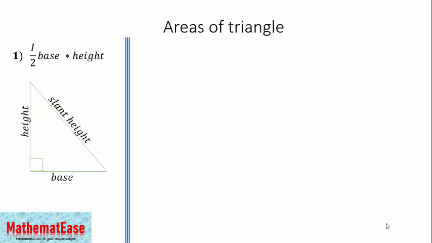Another thing I want to tell you about the area of a triangle. Anytime you have a triangle that is not a right-angled triangle, this is how you find the area. Like I explained earlier, we have angles A, B, C in capitals, then sides a, b, c in small letters.